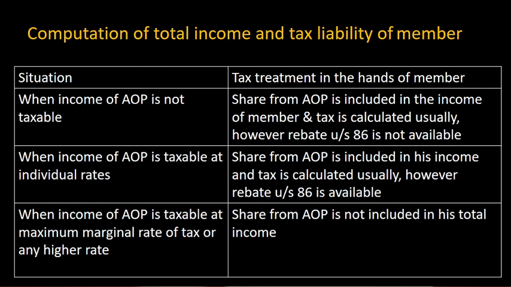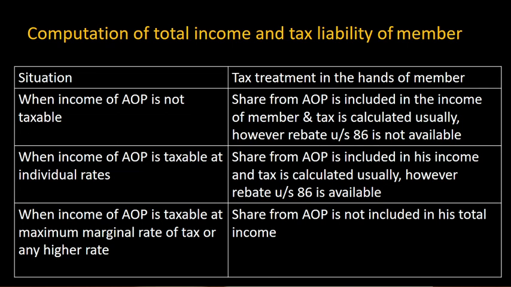And second, when the member's income is less than the basic exemption limit. If these two conditions are satisfied, then only this happens. That means the 86 rebate points apply. So share of member from AOP will be added to the member's income and 86 rebate will also be given.